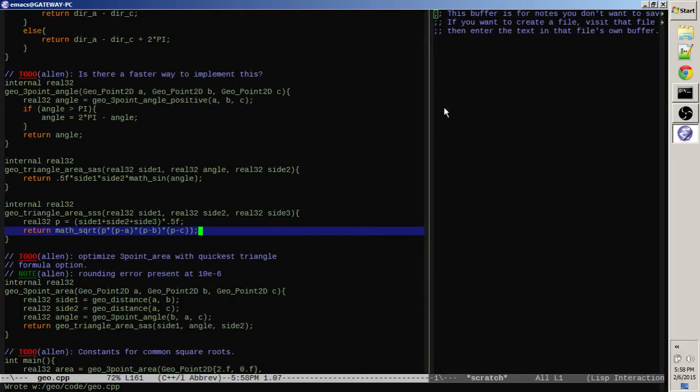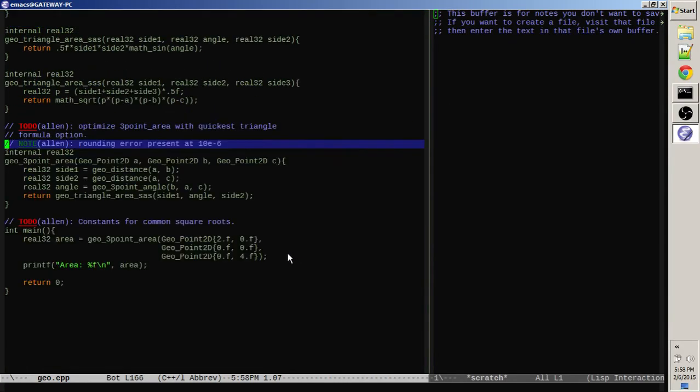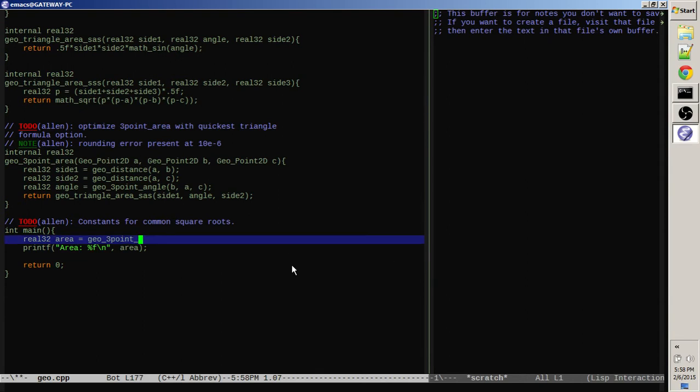So let's put this to the test. To test this one, we're going to do triangle area side side side. Let's pick three side lengths. We'll start with a triangle that has legs of 2 by 2, and then the third side would have to be, if I'm thinking of the isosceles right triangle, 2.f times the square root of 2.f.